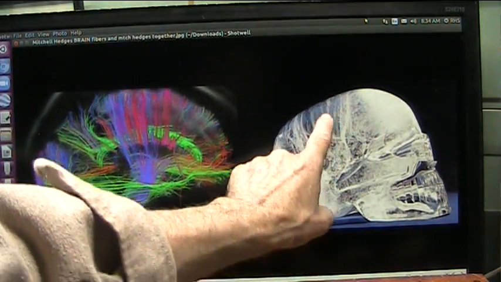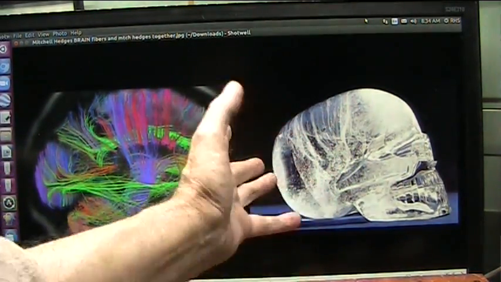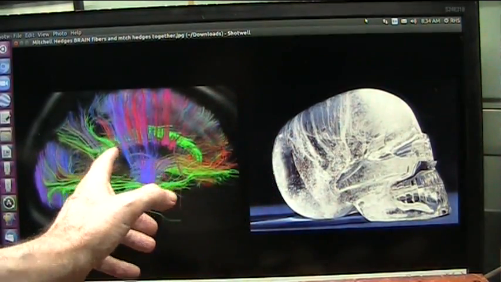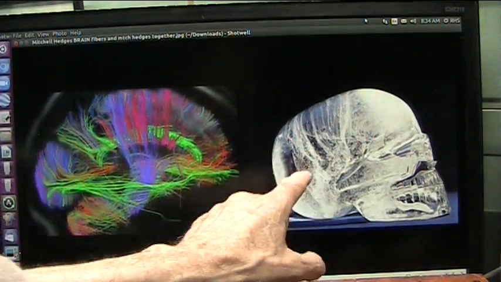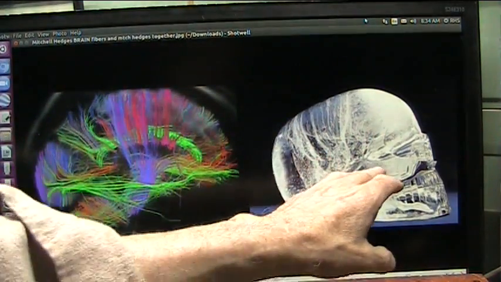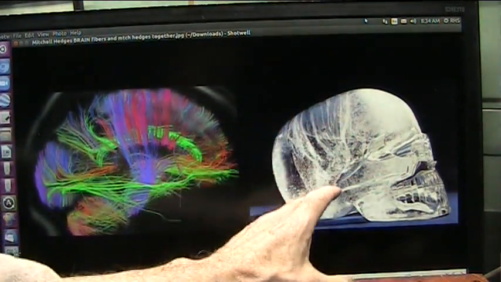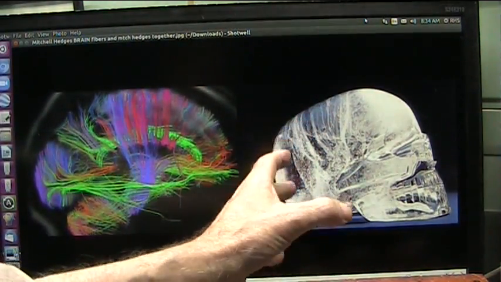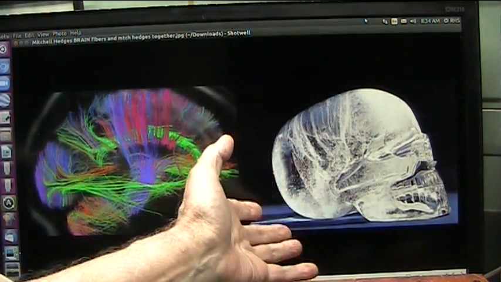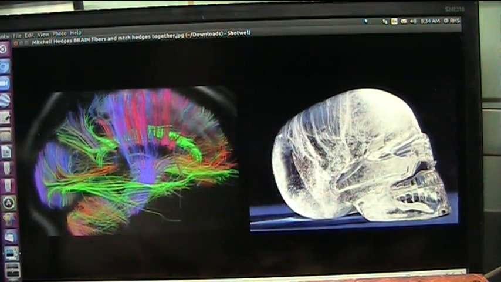Well, those fibers are these fibers. That's what they are. There's virtually no question. Now, you see them all running exactly the same places, exactly identical. And this is exactly identical to the structure of a human skull, anatomically.